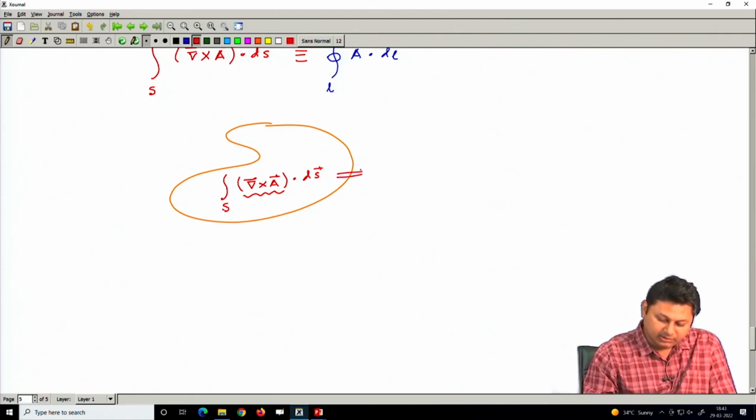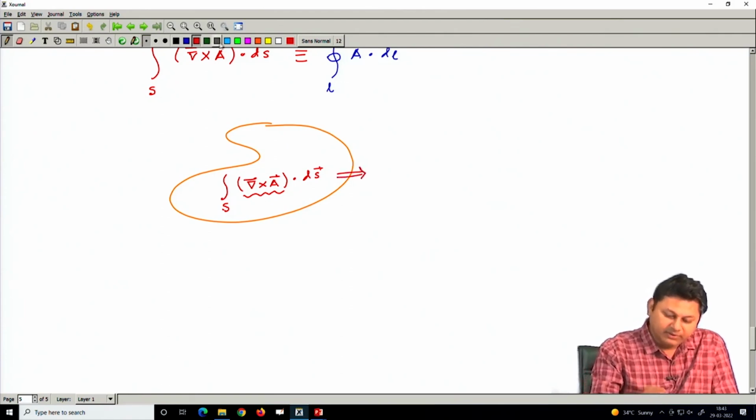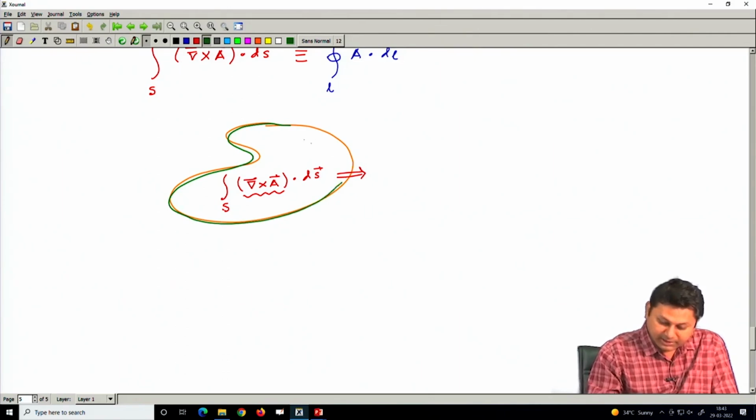That value is equivalent to the line integral, where the line is encircling the entire surface. This is the closed line integral of the given vector field over this line element.